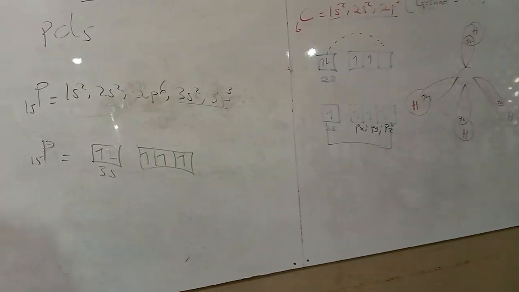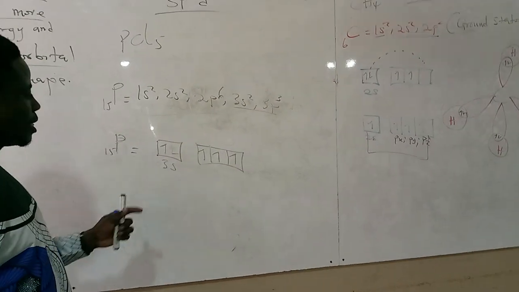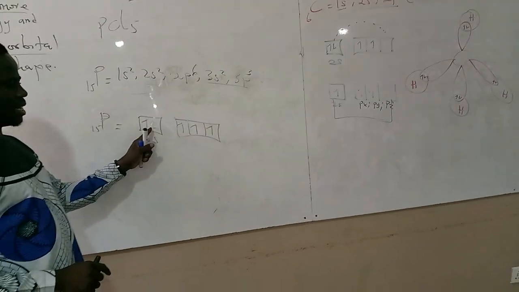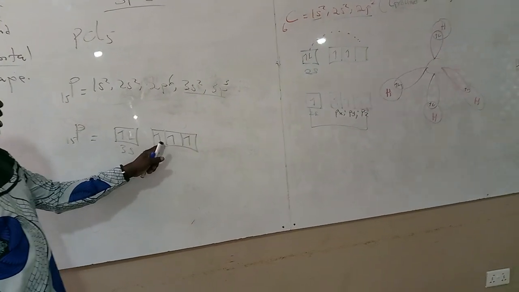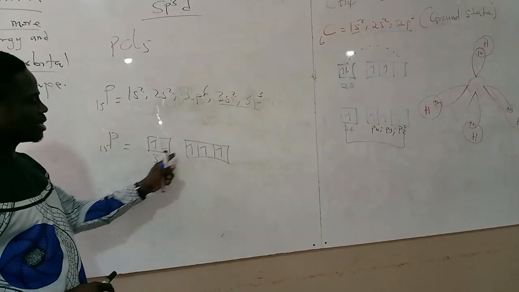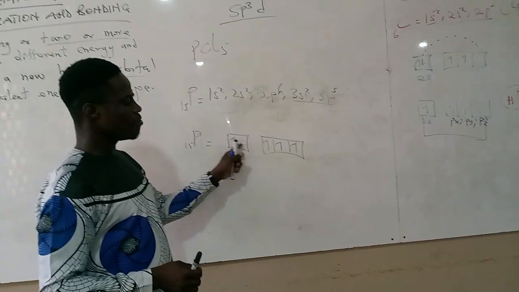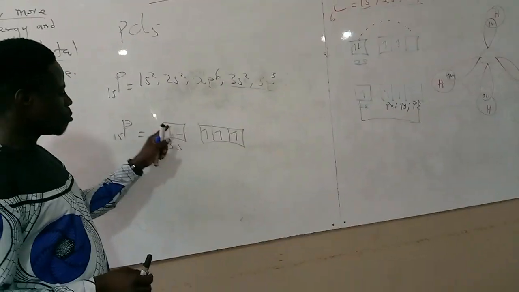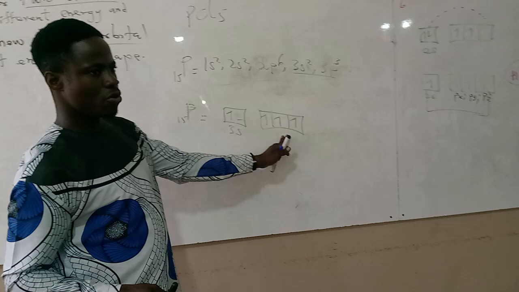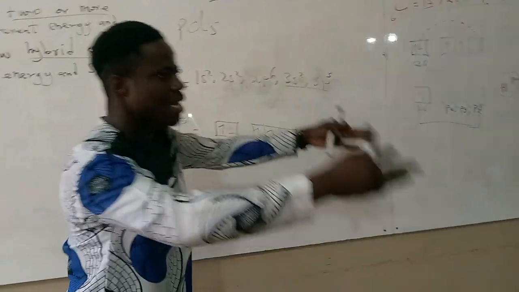Now, there is the need to excite an electron. But if you try promoting an electron from here to the p orbitals, they are already singly filled, so they cannot undergo mixing. You have to promote it to the next energy level, which is empty.